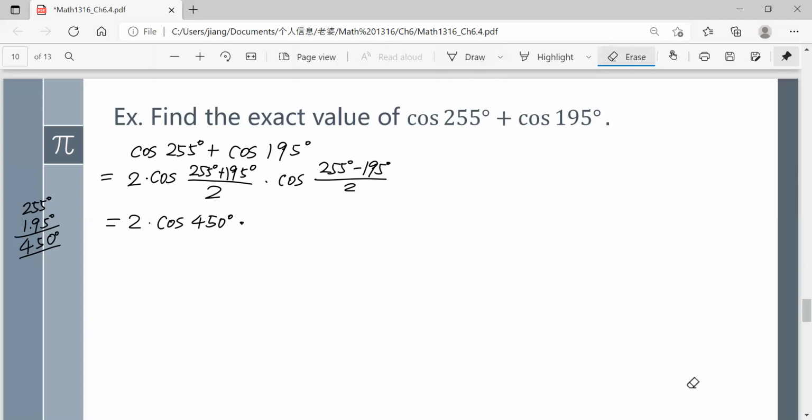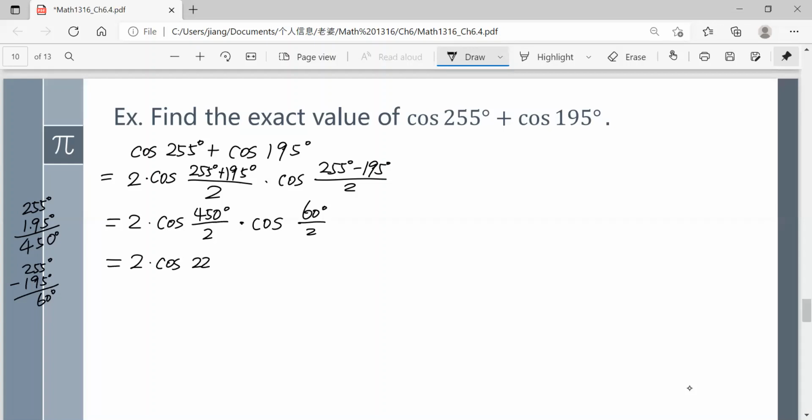That is 225 degrees. And the other term is 255 minus 195, which is 60 degrees, over 2, that is 30 degrees. So 2 times cosine 225 degrees times cosine 30 degrees.